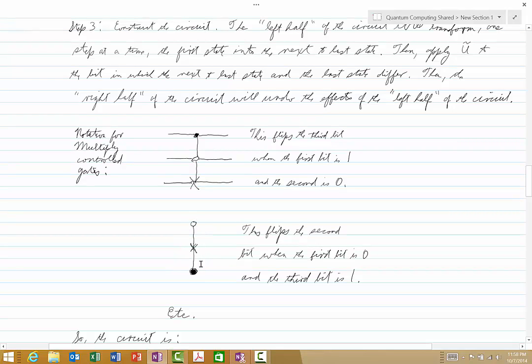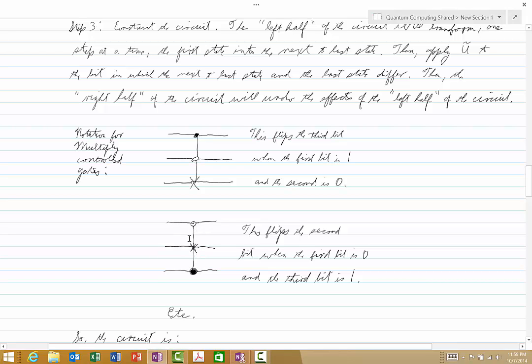Similarly, if we had this multiply controlled gate, then the second qubit will go through unchanged in all cases except when the last qubit is 1 and the first qubit is 0.